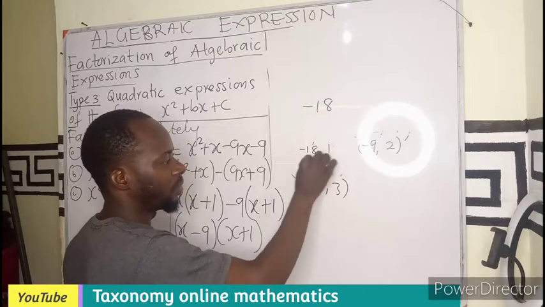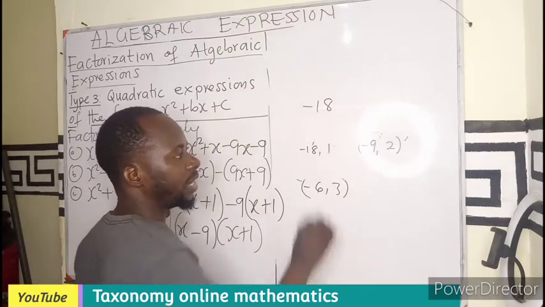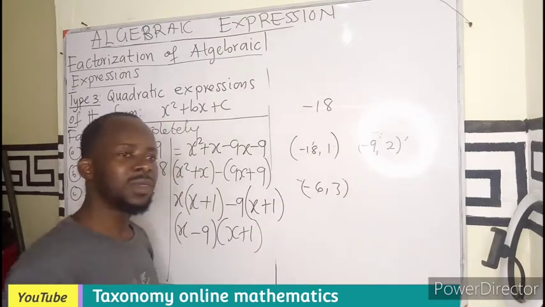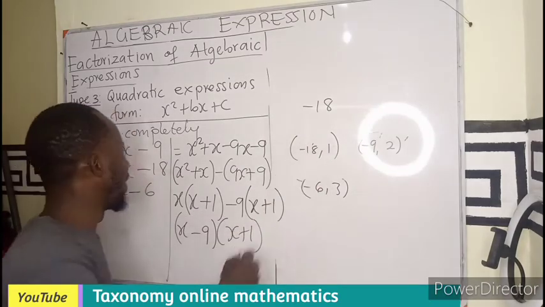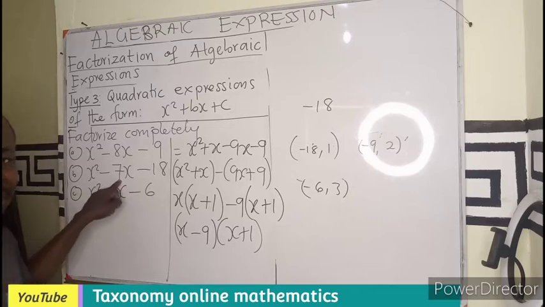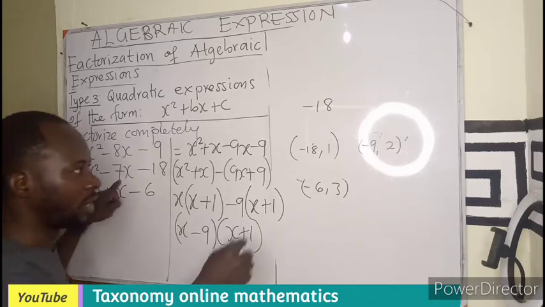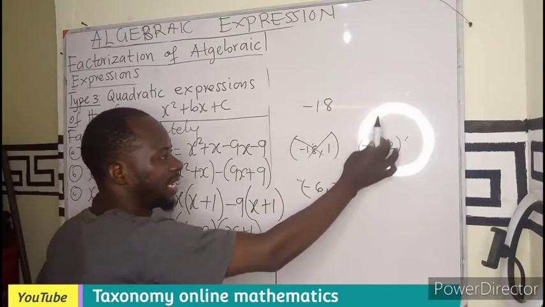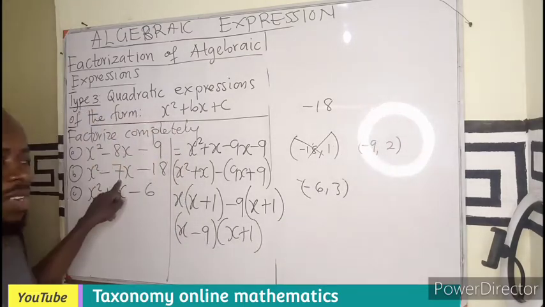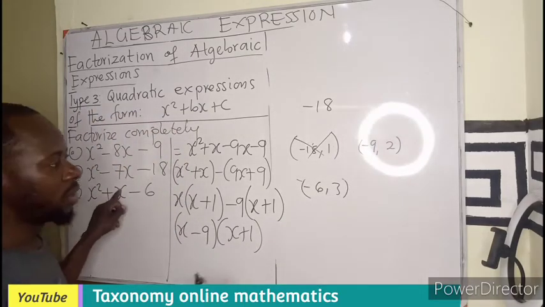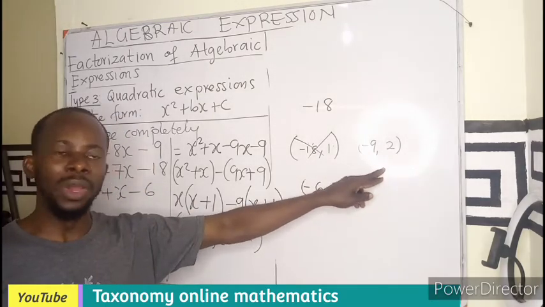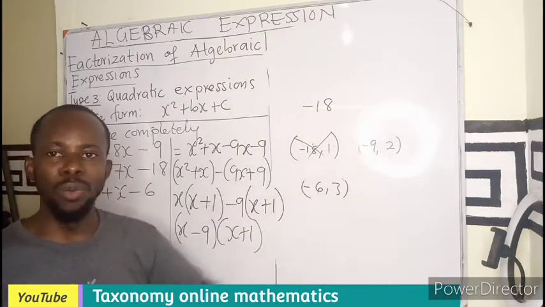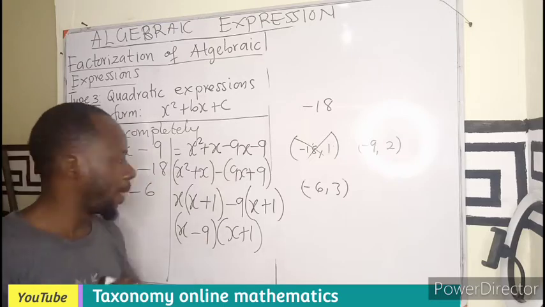So I have only these 3 factors. If I add this, I believe I'll get negative 17, but I'm looking for 7. So this is gone. If I take this, I'll have negative 7, which I'm looking for. This will also give me negative 3. So my actual factors will be minus 9 and 2, or 2 and minus 9.